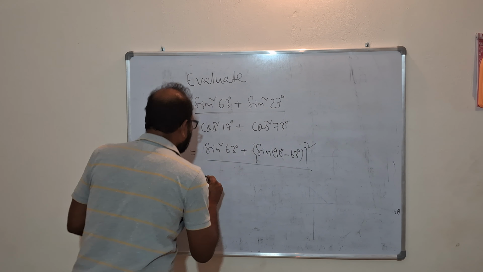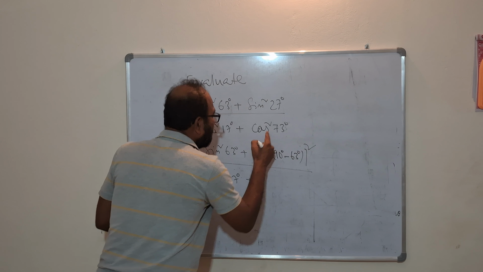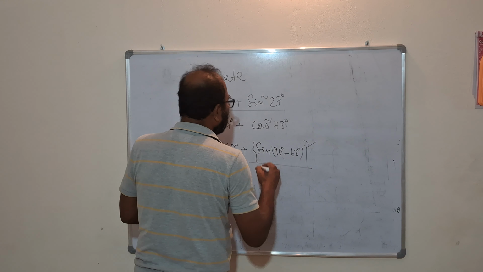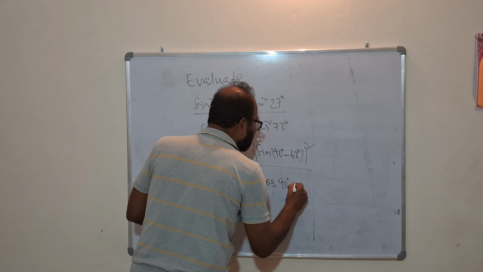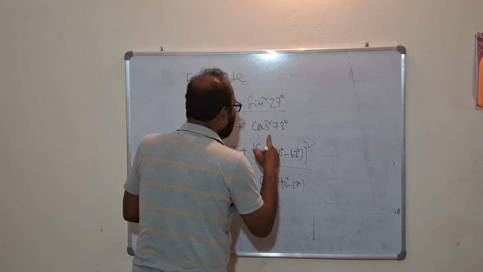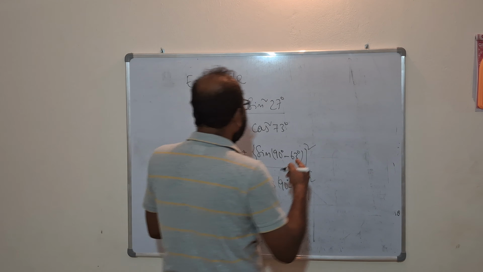Similarly, here also cos square 17 degree plus cos square of 90 degree minus 17 degree, that is 73 degree. So we have used this formula.